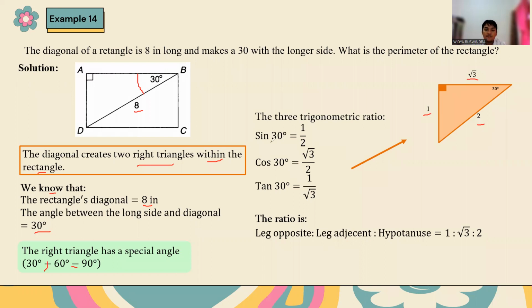So the sine of 30 degrees is 1 over 2, the cosine of 30 degrees is square root of 3 over 2, and the tangent of 30 degrees is 1 over square root of 3. So the ratio of the lengths of the opposite side, adjacent side, and hypotenuse is 1, square root of 3, and 2.